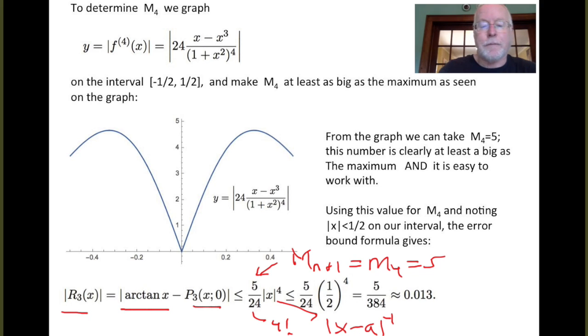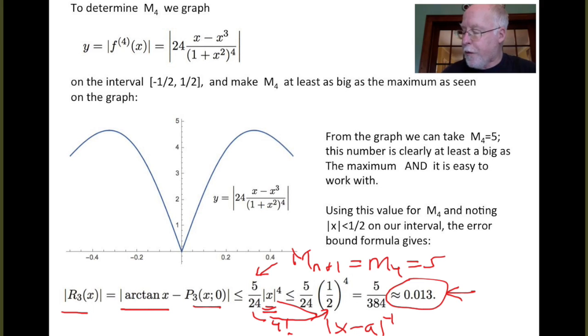Okay. And when we do all that arithmetic, we come up with 0.013. I should add here too, because we're on the interval from 0 to 1/2, we know that x can't be any bigger than 1/2. So again, to get a numerical upper bound, I replace x by the largest it could be, and that's 1/2. And so whatever this difference is, it's going to be no bigger than 0.013 for any x in the interval minus 1/2 to 1/2.